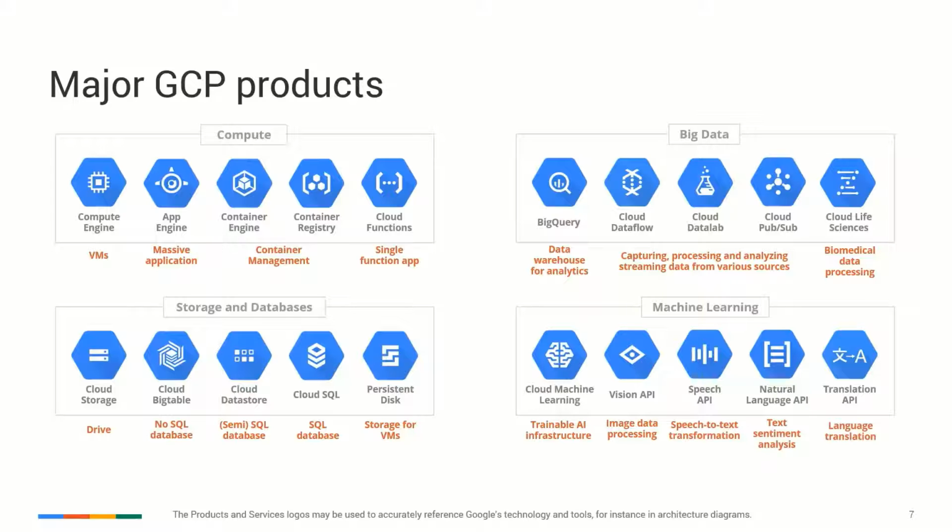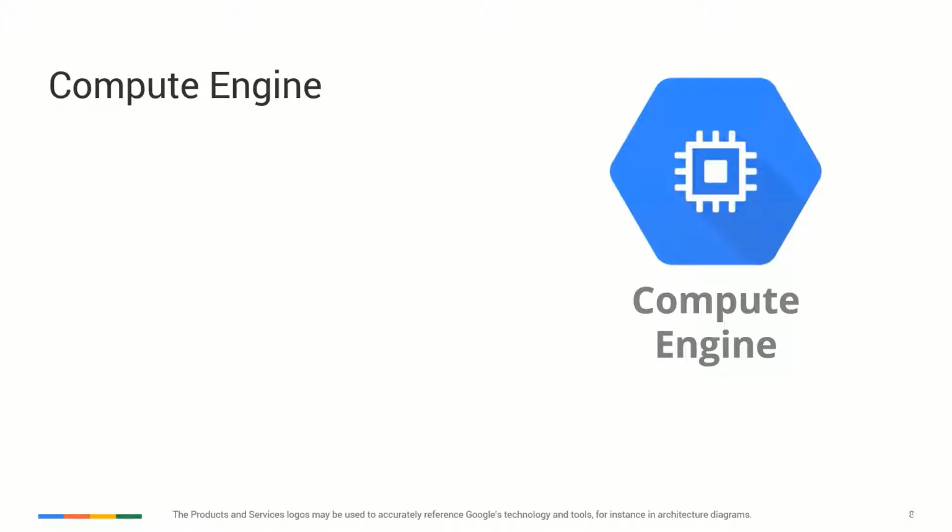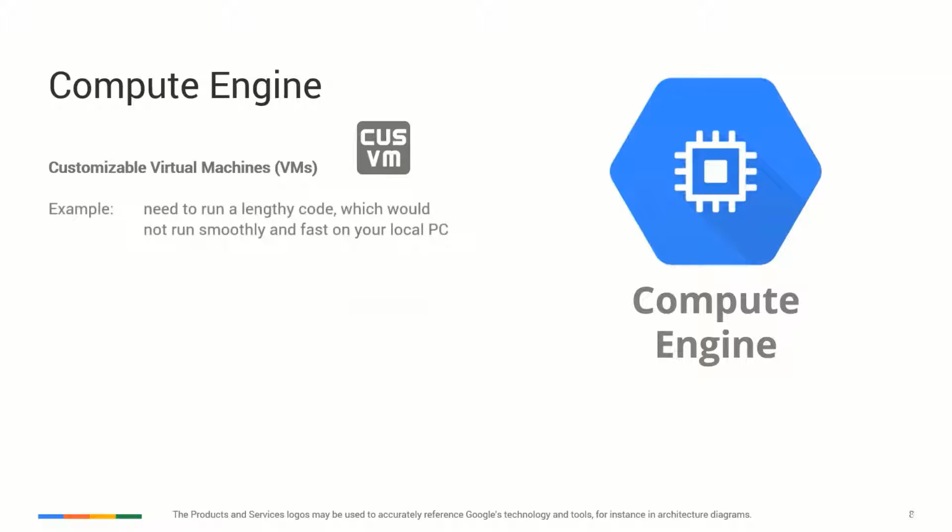So, okay, I told you I'm going to focus on Compute Engine and App Engine. So Compute Engine is, as I said, customizable virtual machines. Yeah, this is a new word that I'm adding here. It's customizable, right? So an example where we need it: we have to run a big lengthy code, which would take, I want to say ages, but weeks, for example, on your local PC.